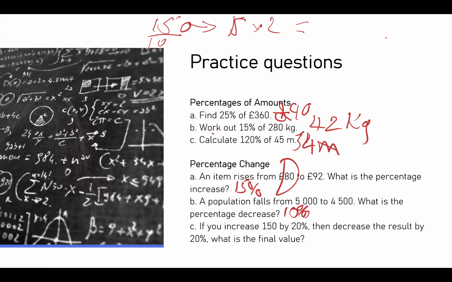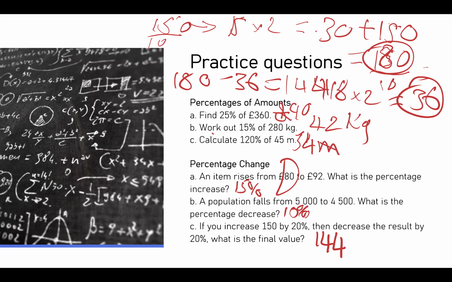So then the answer, because it's a decrease, 180 take away 36, which is actually not 150, which we would assume. It is 144. So the final value would be 144.